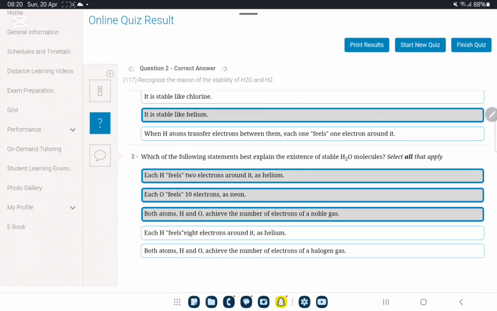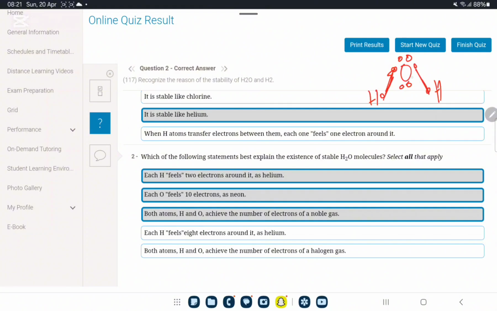Which of the following best explains the existence of stable H2O molecules? Again, when they bond, the O has 6 valence electrons. After it shares 2 with the hydrogen, it's going to feel like it has 8 valence electrons, so 10 in total at the inner shell.